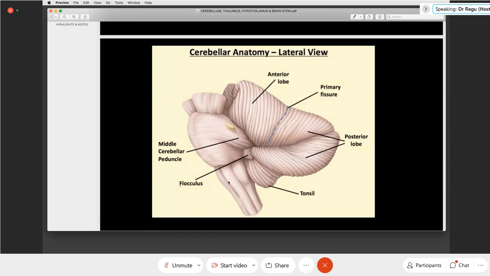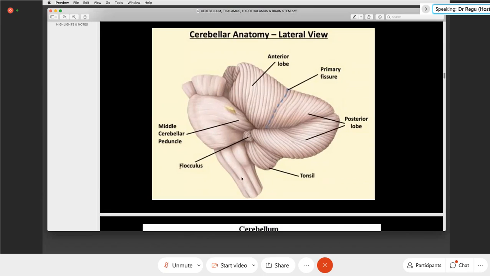In this image, you can see it connects to the brainstem through structures known as cerebellar peduncles. Here you can see the middle cerebellar peduncle, which connects the cerebellum to the pons. You also have a superior cerebellar peduncle, not visible in this image, which connects the cerebellum to the midbrain, and an inferior cerebellar peduncle that connects the cerebellum to the medulla oblongata.